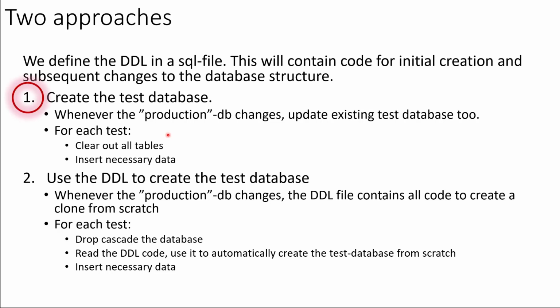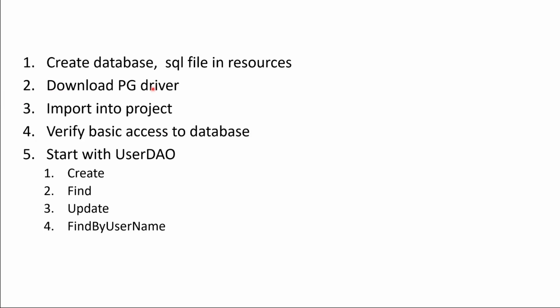So we're going through a few steps. First I need to create the database and keep my SQL file in a resource folder. I'm going to download the Postgres driver, the JDBC driver, which we need to import into the project. And then I just need to make sure that I can actually contact the database, so I'll write a super basic test.